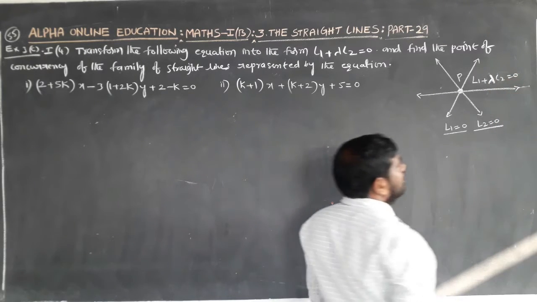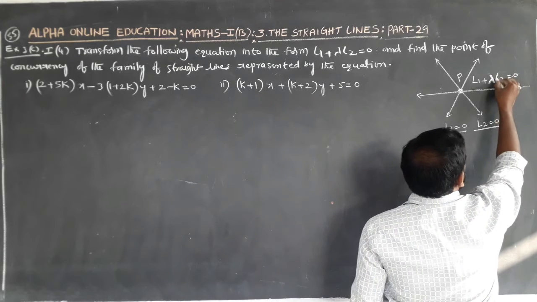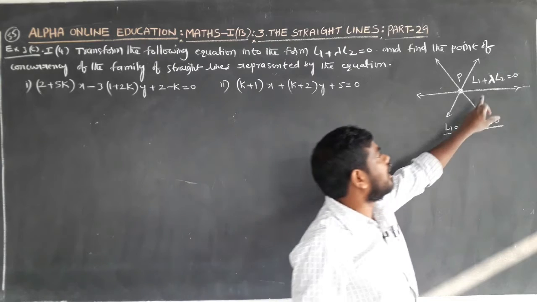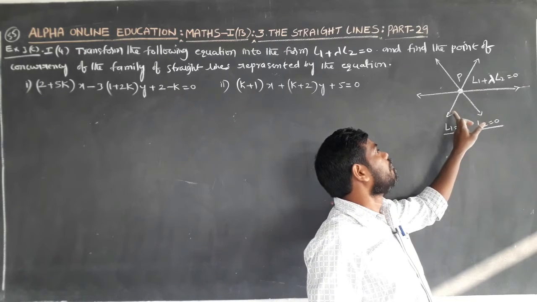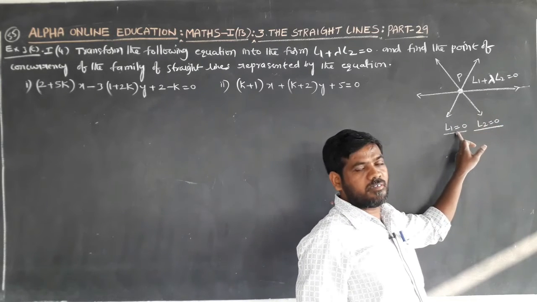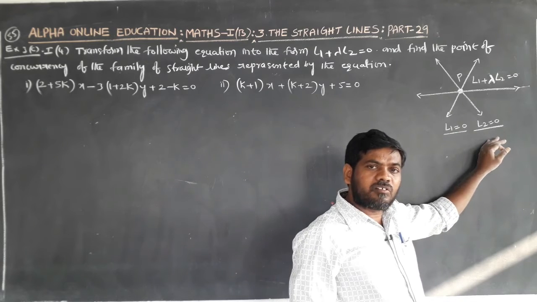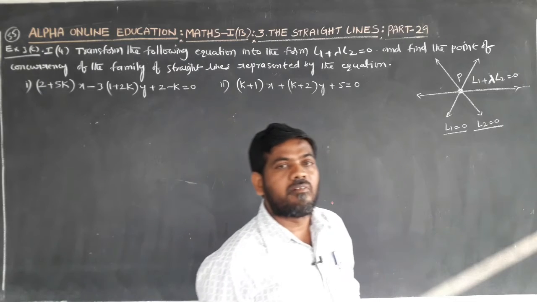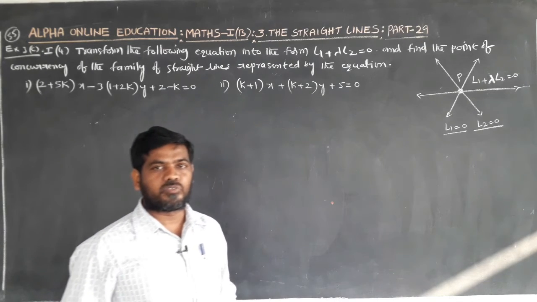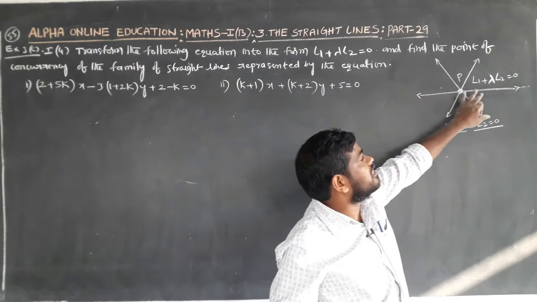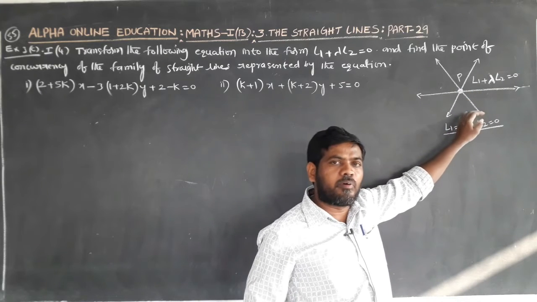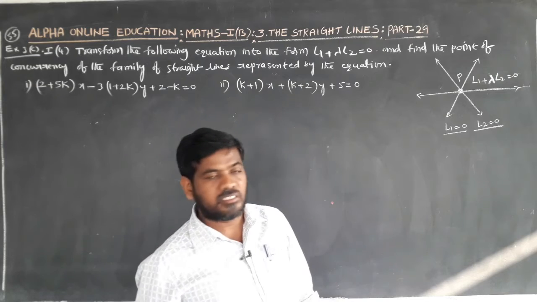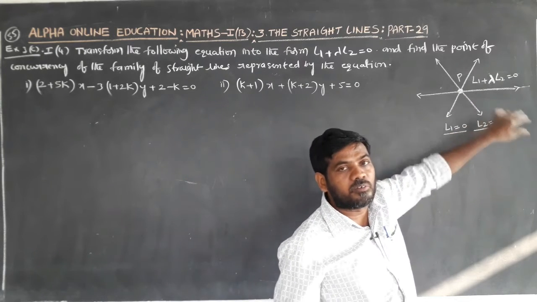Here three lines are passing through the same point. Here three lines are concurrent lines. This is the family of concurrent lines.